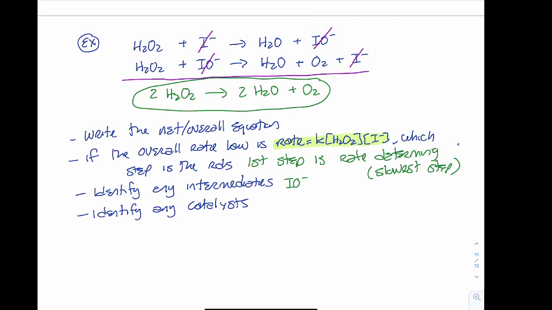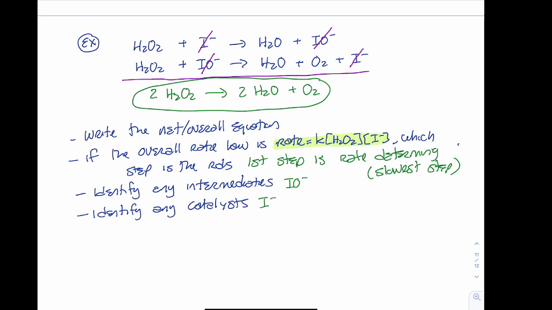Catalysts are going to be opposite. Catalysts are going to be things we put into it and then get back out of it. So they're going to be a reactant first and then a product, in this case, I minus. I'm putting it in, it's on the reactant side, and then I'm getting it out, it's on the product side. So I minus would be a catalyst in this case.